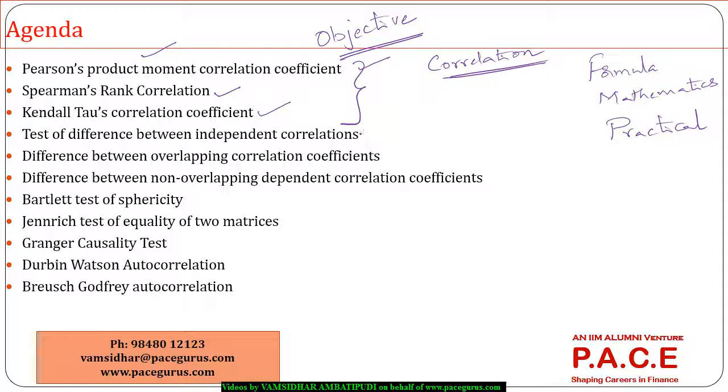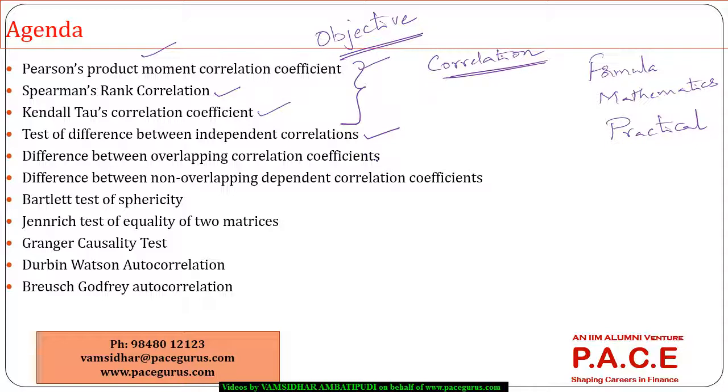So we are trying to identify how to make interpretation based on each one and when do we use each of these different kinds of correlation. Then if I really want to test between two different correlations, whether they are really more or less equal or do they differ significantly, then we are performing some kind of test between two independent correlations.